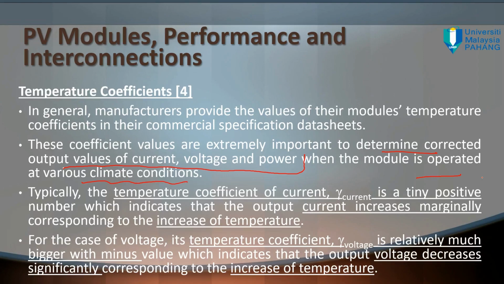Okay, like I told you, mostly in the data sheet they give you the value at STC, standard test conditions. What is the standard test condition? Standard test condition has three things: 1000 watt per square meter, AM 1.5, cell temperature 25 degrees C, meaning the module is tested under laboratory condition in the manufacturing company.